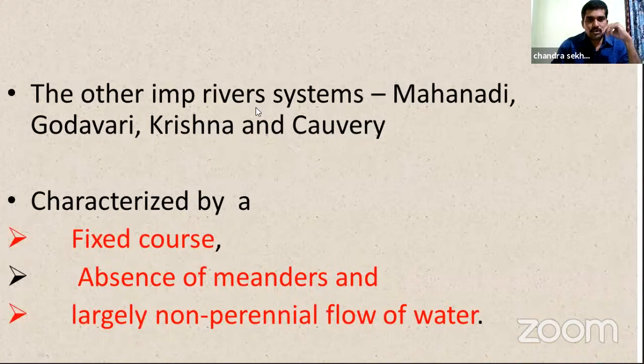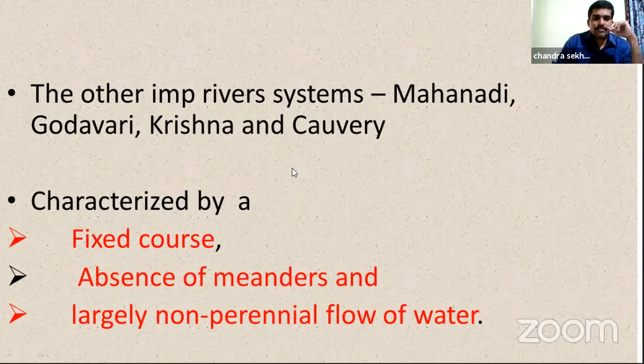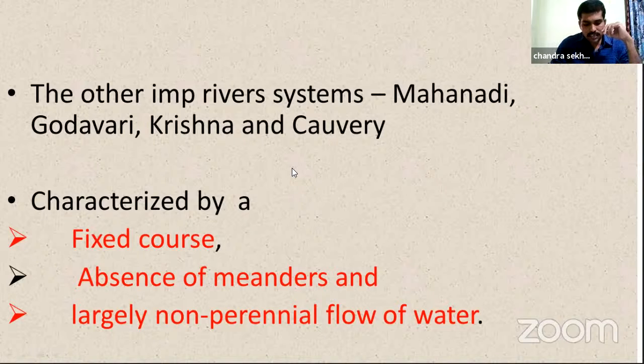The other important river systems in India, in peninsular rivers: Mahanadi, Godavari, Krishna, and Kaveri, these are the most important rivers. So these peninsular rivers have some characters. What are the important characters of peninsular rivers? One is a fixed course.